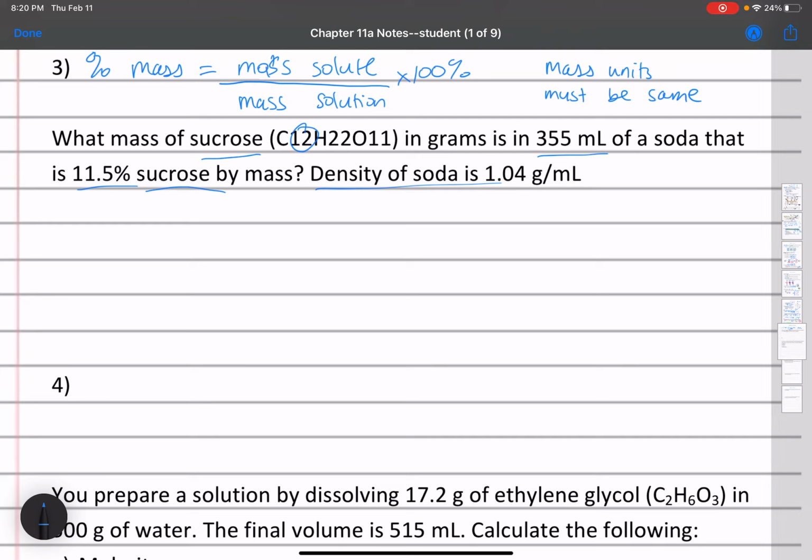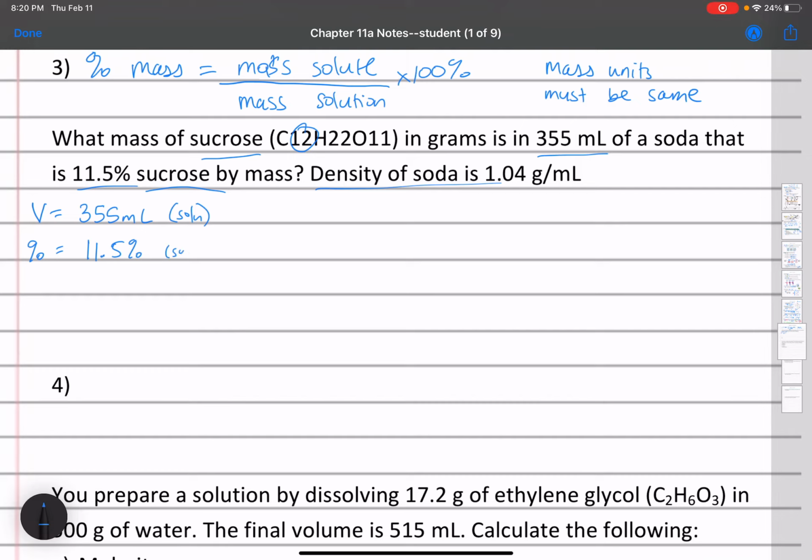So I'm just going to start writing out stuff. I have a volume, that's 355 milliliters, and that's of the solution. And I have a percent mass, and the percent is 11.5%.